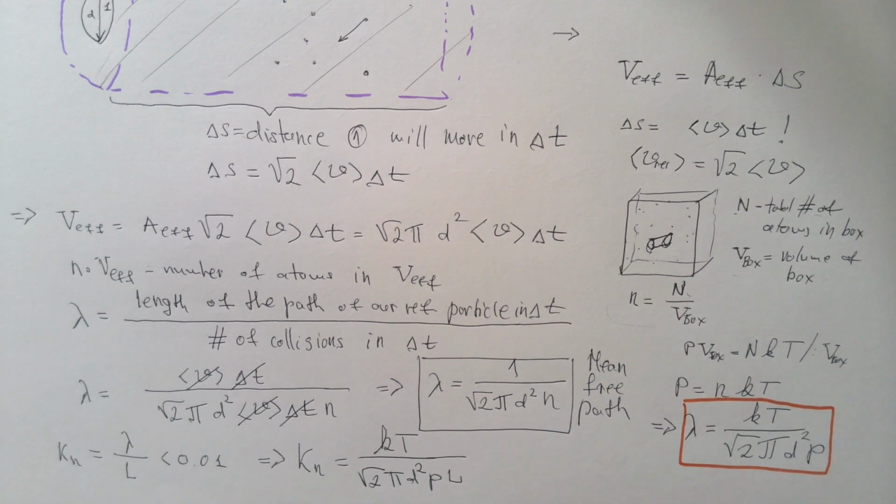In my video on Knudsen number, we calculated this quantity for lungs and nose and so on, and we saw that in all these cases this number is extraordinarily small, which means we can use Navier-Stokes equations.